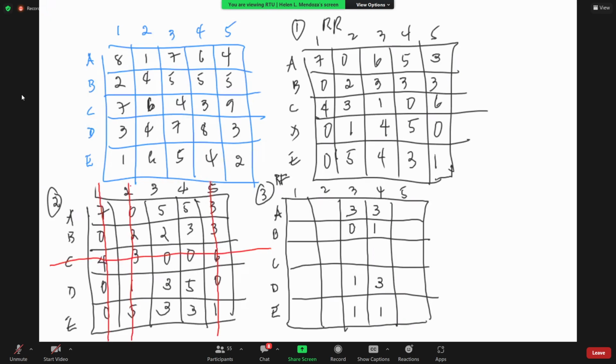So, itong intersection ay magiging 6, magiging 5, magiging 8. Then, lahat ng na-cover ng red, other than the intersection, kokopyahin mo lang. So, you have 7, 0, 3, 0, 2, 3. No?